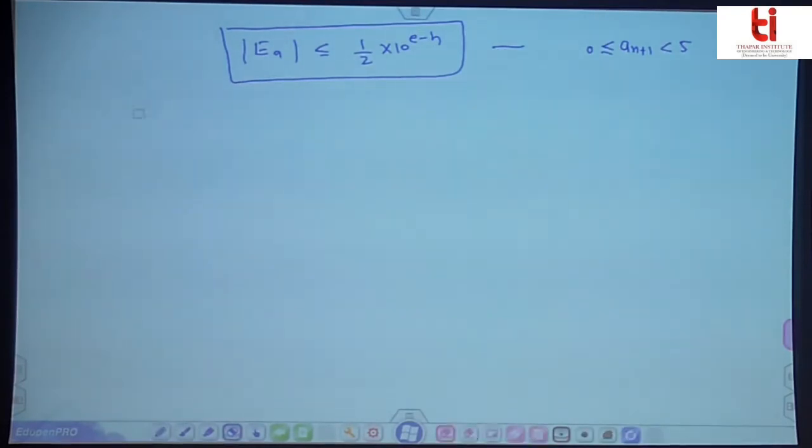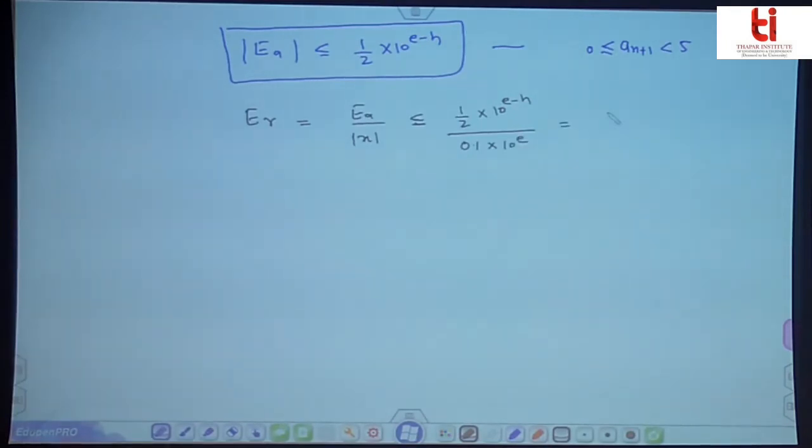Okay, one more thing. After getting this absolute error, find out the relative error. Relative error is what? E of a upon mod of x, and we already explained what value of mod of x we can take. We want to minimize mod of x, so we can write here 1 by 2, the maximum value of absolute error, that is 1 by 2 into 10 raised to power e minus n, upon 0.1 into 10 raised to power e.